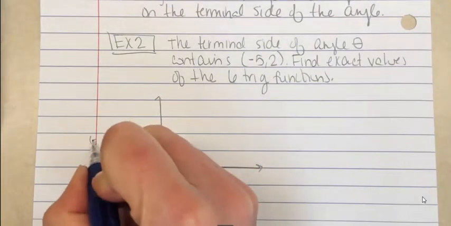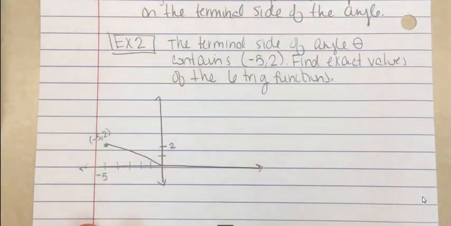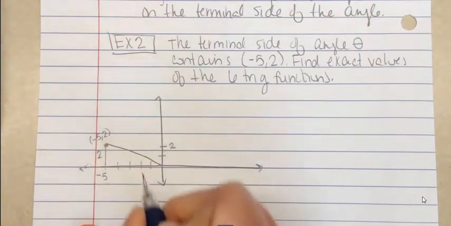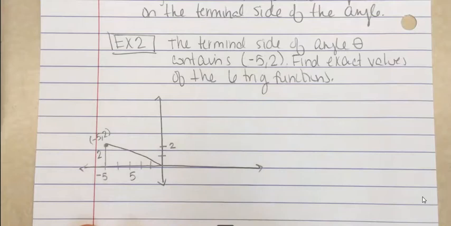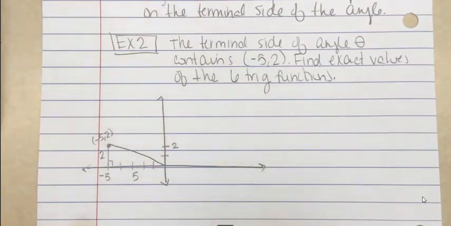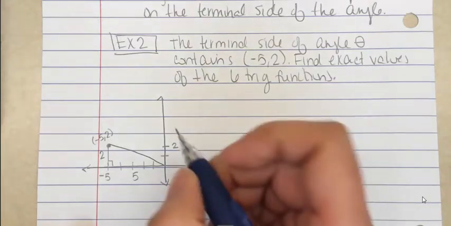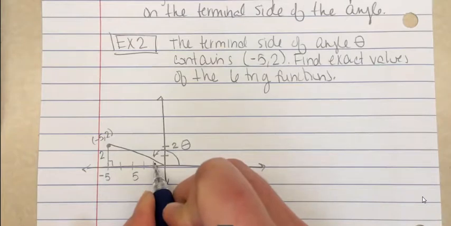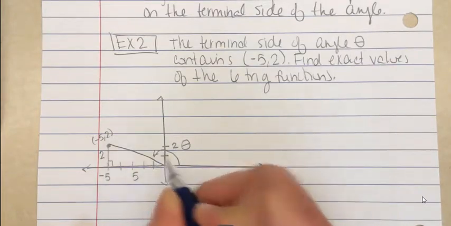So this point was -5, 2. All right, then I know that this side is 2. I know that this side is 5. So it's going to be important that I also figure out what my hypotenuse of this right triangle is that I've just drawn in. Okay, my angle theta is actually here.